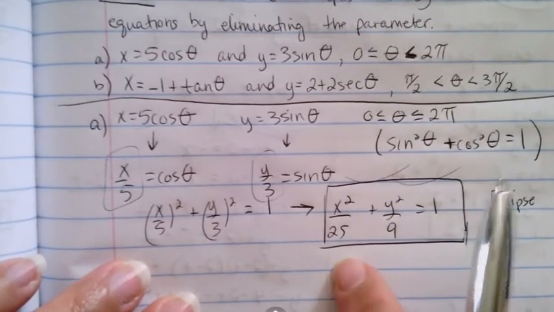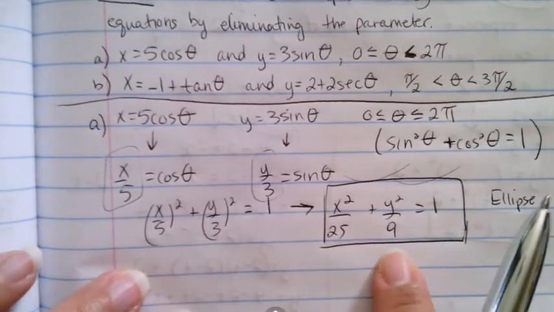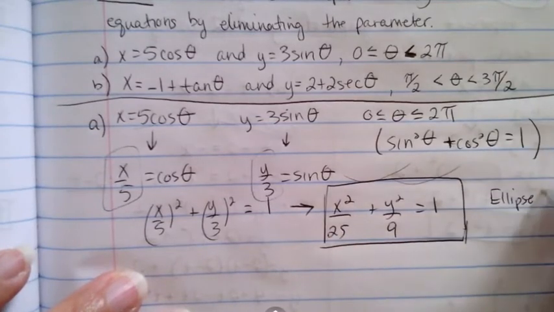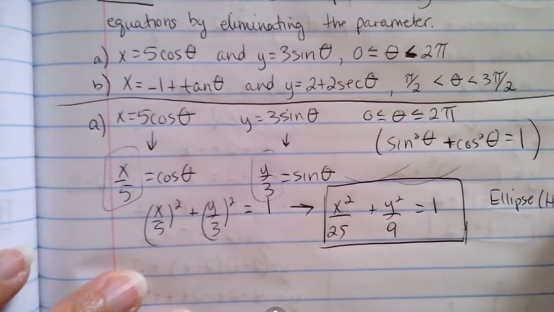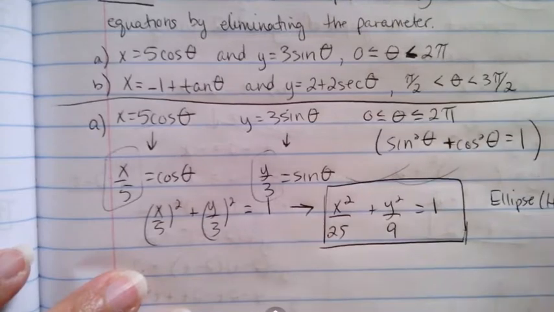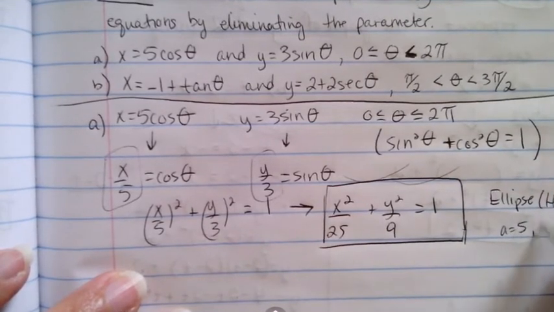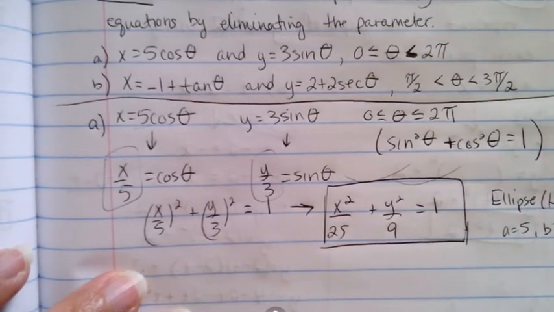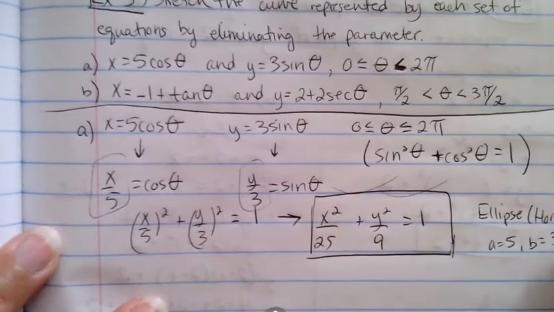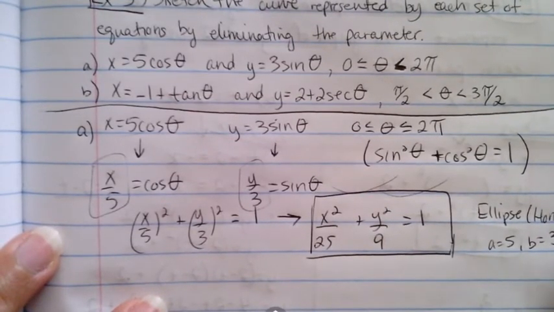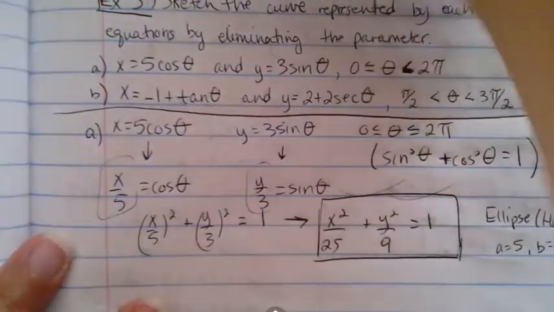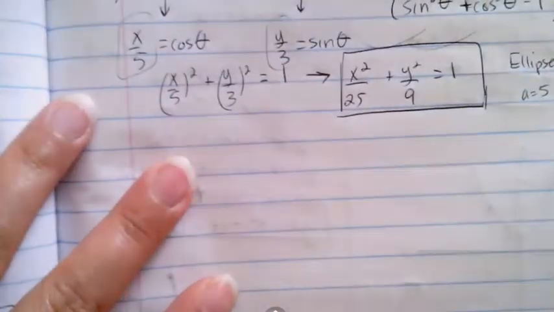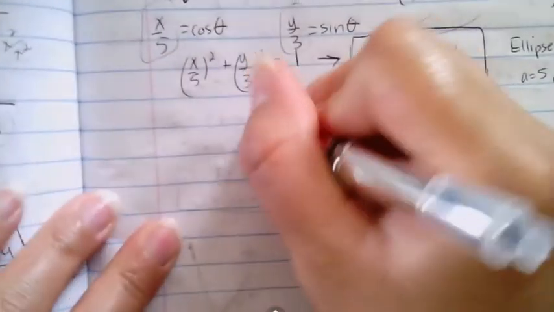And because our 25 is bigger than 9, this tells me that it's going to be a horizontal ellipse, where a is equal to 5 and b is equal to 3. And we have a center of 0, 0. So I'm just going to put that real quick, center of 0, 0. So we're going to go ahead and sketch that real quickly, right underneath.